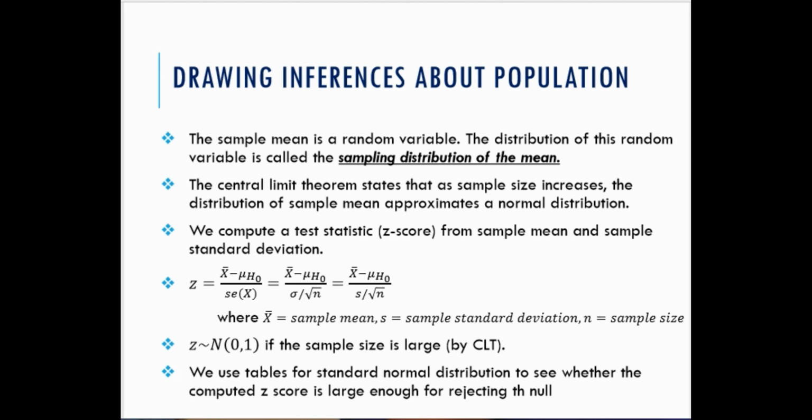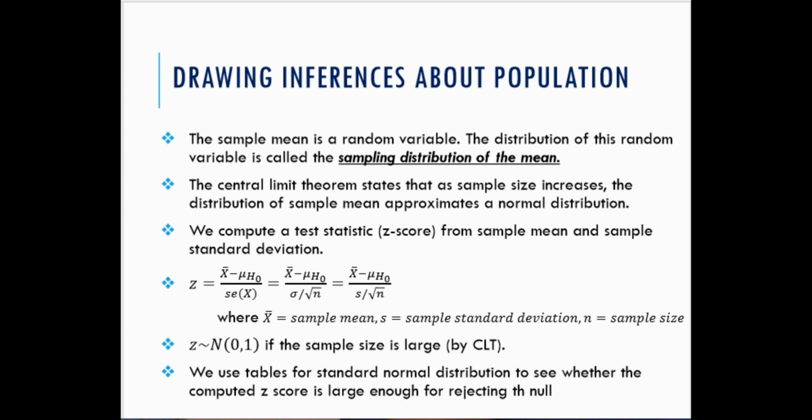Now, you gathered a sample and the sample mean came out to be 150 centimeters. Does that give credence to your null hypothesis that the population mean is actually 170? So you see what is the difference between the sample mean that you have got and the hypothesized population mean, that is 150 minus 170.